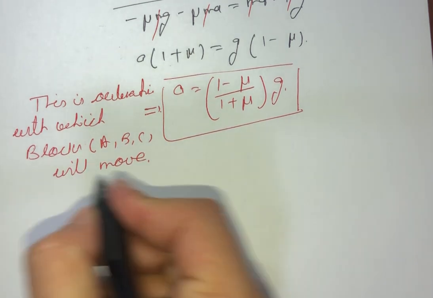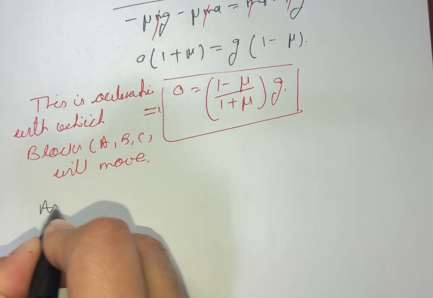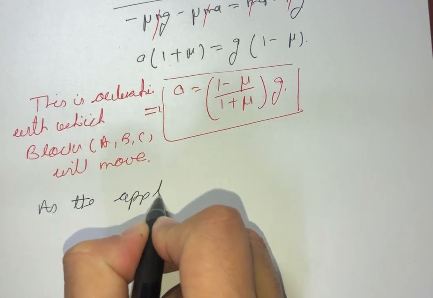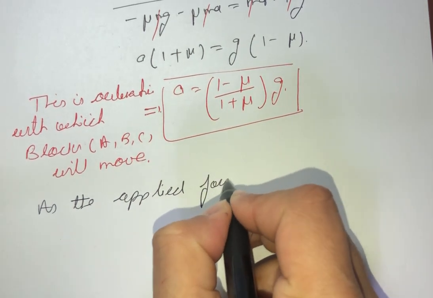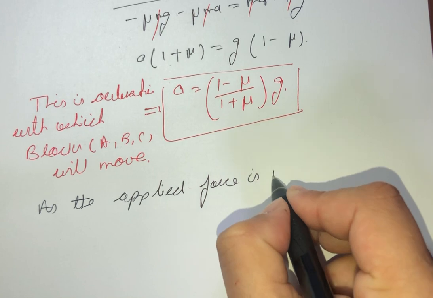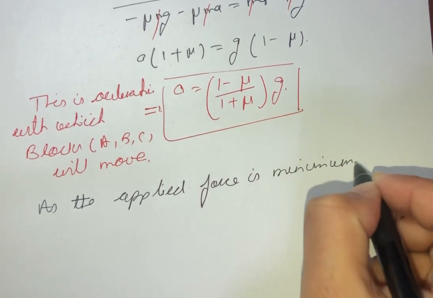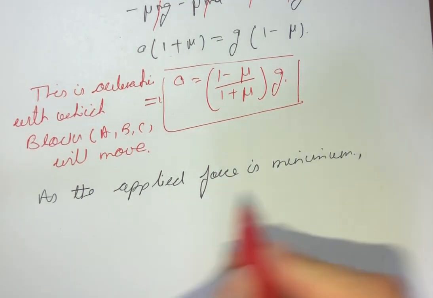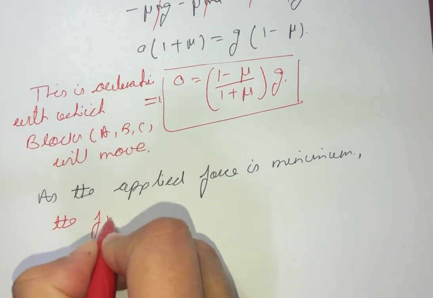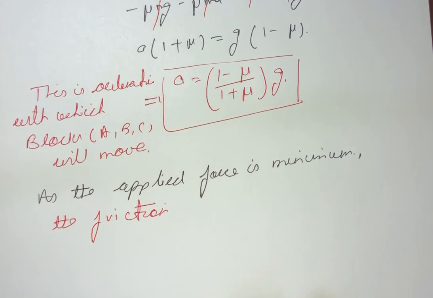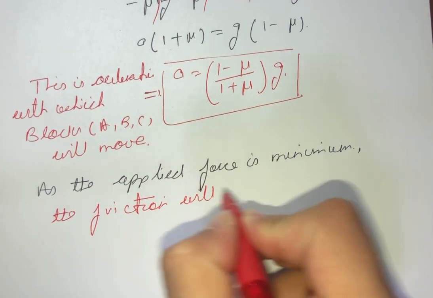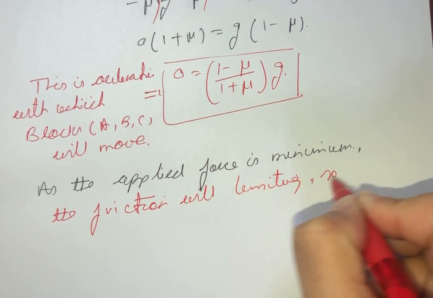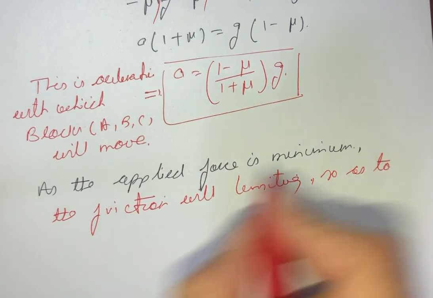So, as the applied force is minimum, the friction will be limiting so as to prevent slipping.